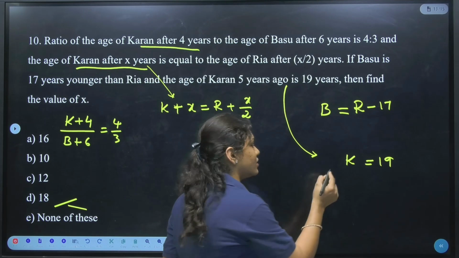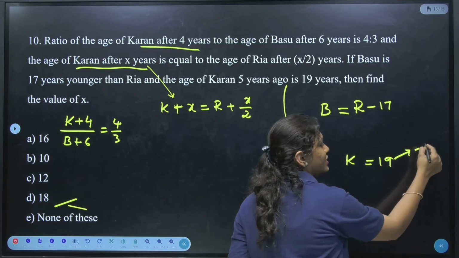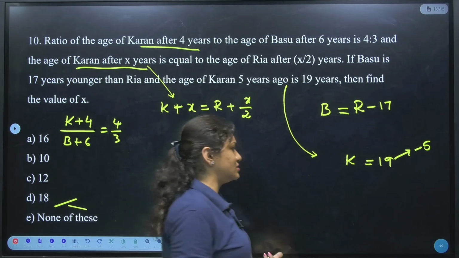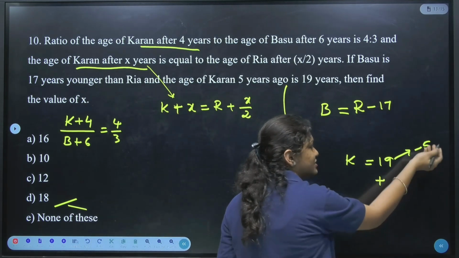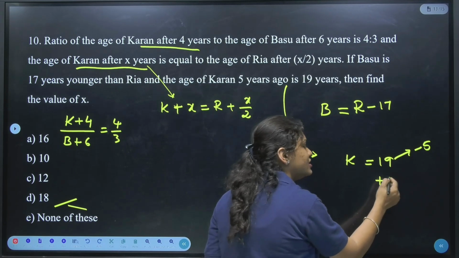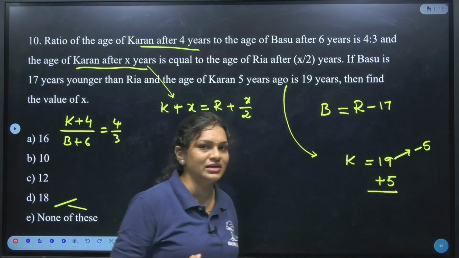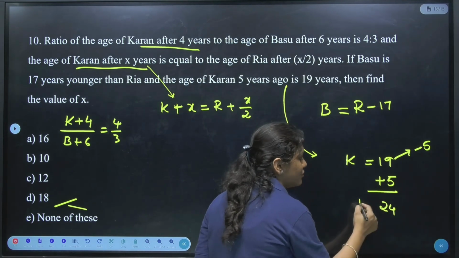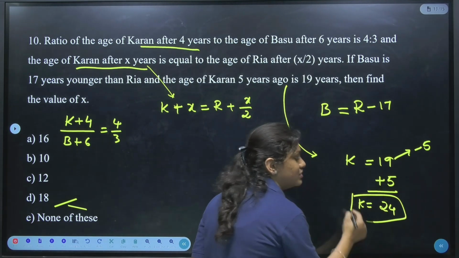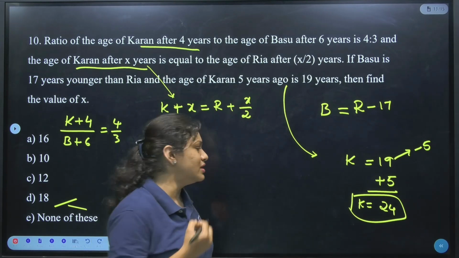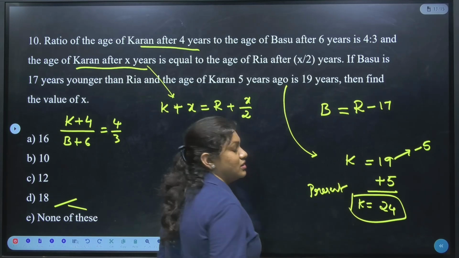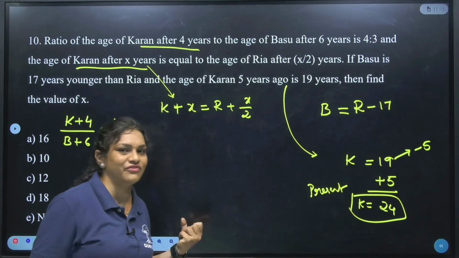So if I want the present age, 5 years ago age is 19, so to get the present age we will add it, right? 19 plus 5 is 24. So finally we get the present age of K, which is 24 years.